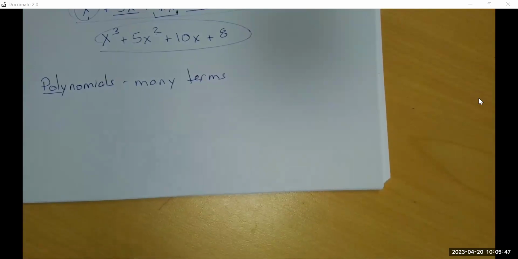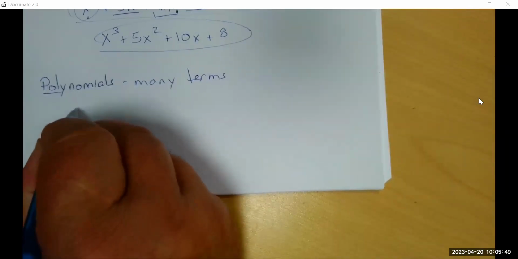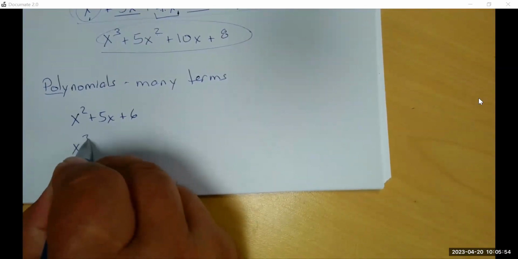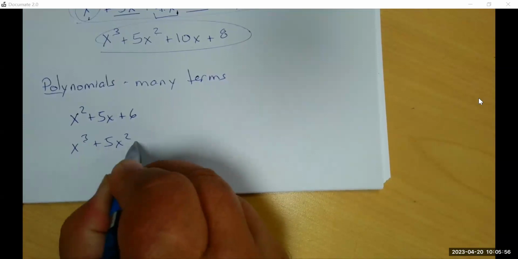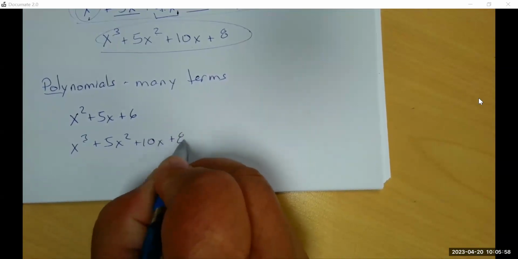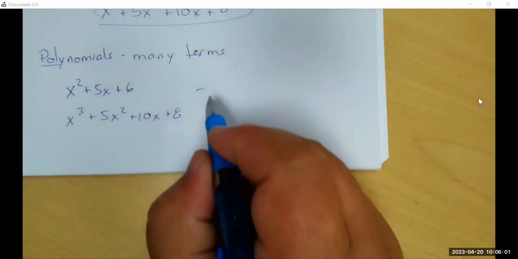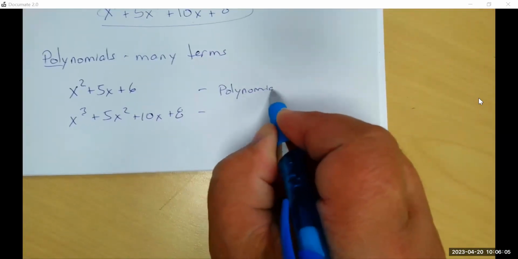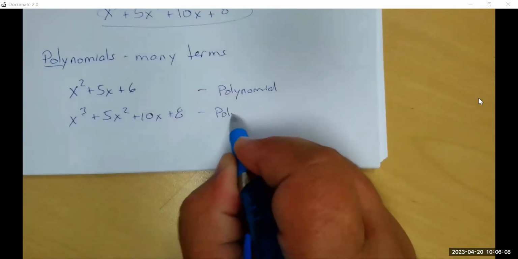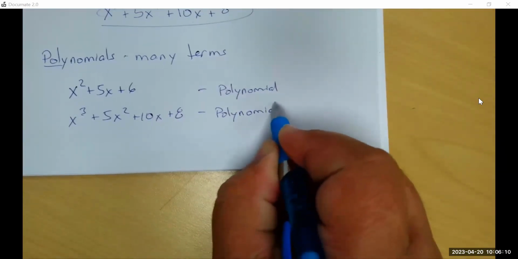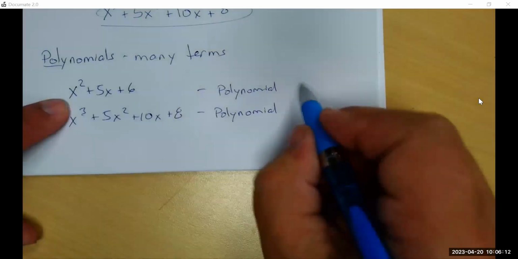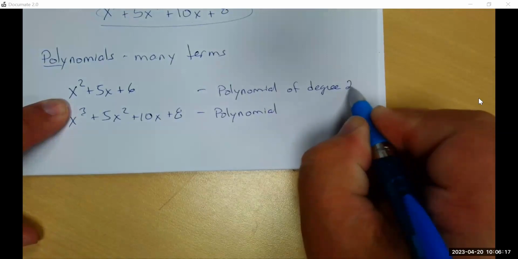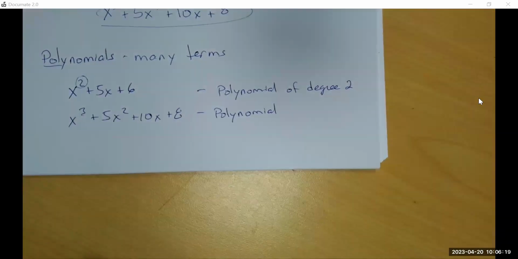The way we distinguish them is, let's look at these guys. Let's see how we would name them. They're both polynomials. So this one is a polynomial of degree 2, because that's the highest power.